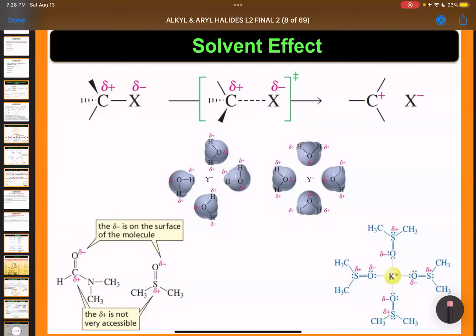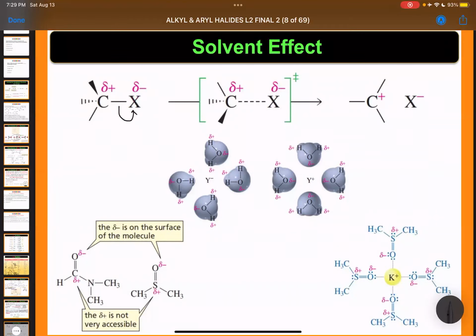Mohammed and Krishna, who is playing a role? A catalyst? No, not the catalyst. Actually, it is the solvent molecule itself. So the solvent molecule itself is helping them break away from one another.